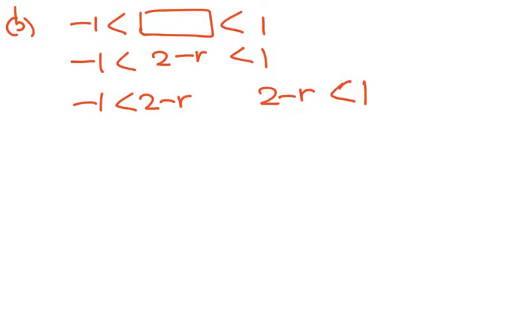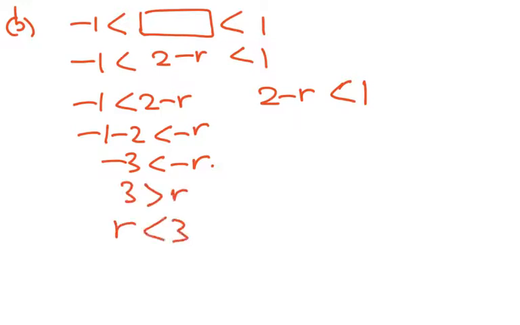So -1 minus 2 is less than -R, then -3 is less than -R, and 3 is greater than R, or R is less than 3.